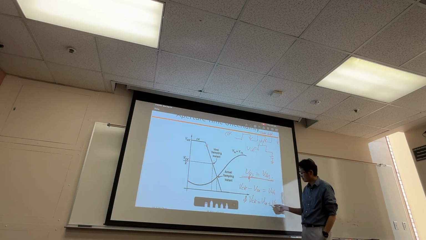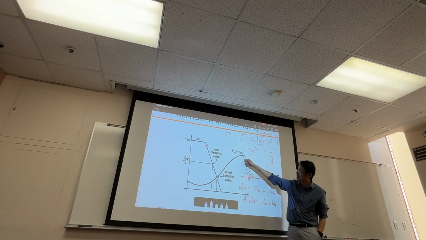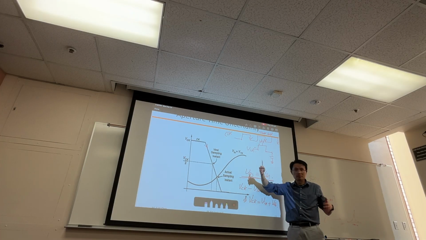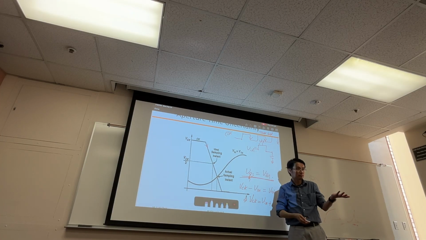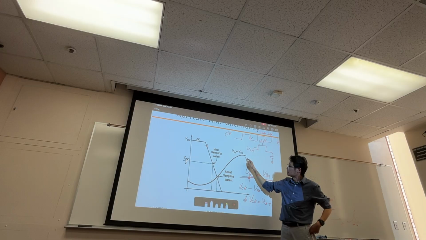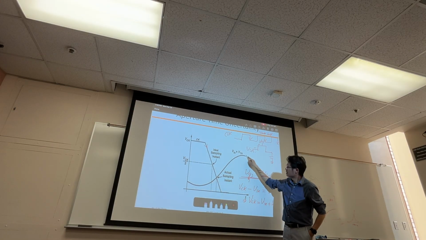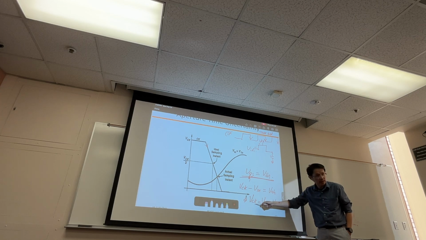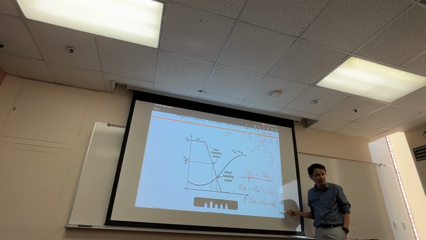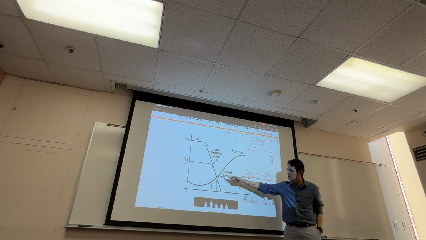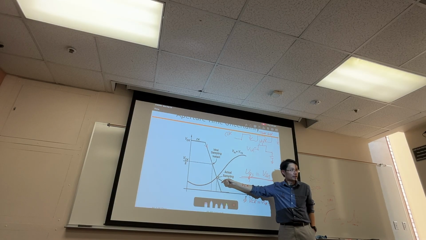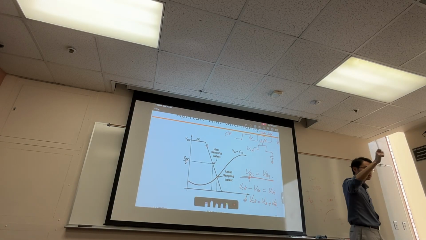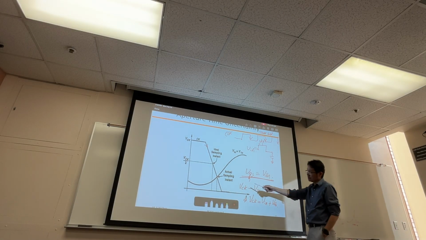Why? Because if I plot V in plus VTH, here V in, for example, can be a sine wave, right? If it's a sine wave like this, where is my actual sampling instant? When VCK equals this value, right here is my actual sampling point. Remember the delta function? This is the location of the delta function.